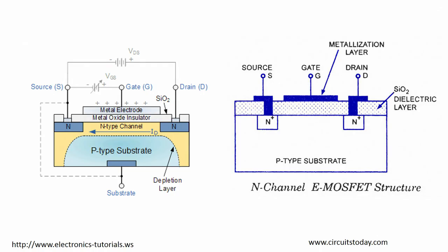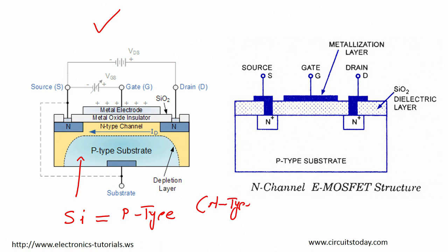what do you see? On the left side, just look at this MOSFET slide. What we see? There is a p type substrate, which means we have taken p type silicon. I have shown you types of silicon, right. There is n type and there is p type.